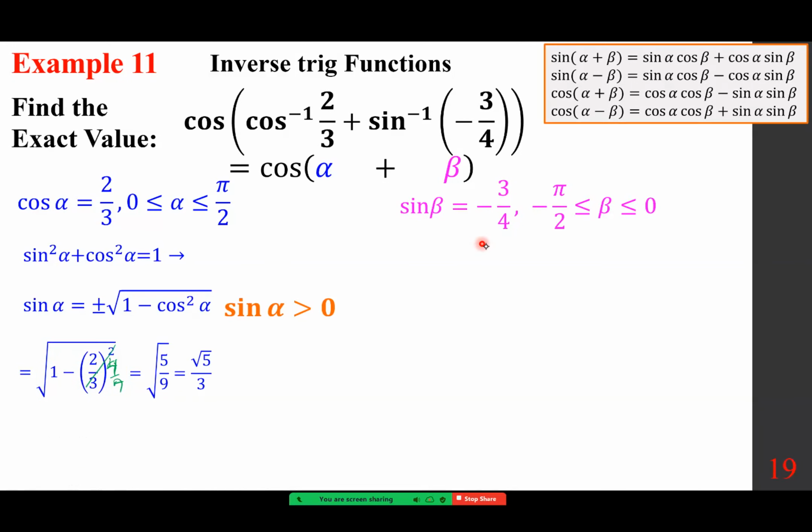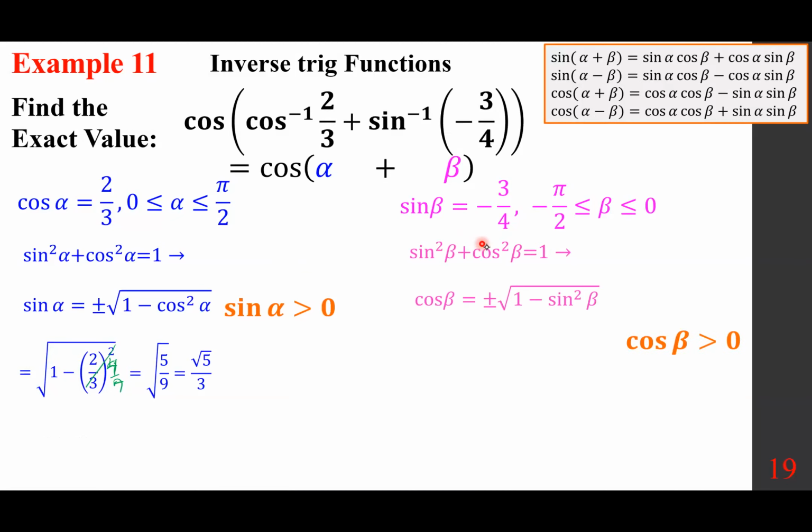For this one, we use the same formula. Sine squared plus cosine squared is 1. Cosine is plus or minus the square root of 1 minus sine squared, but cosine is positive.